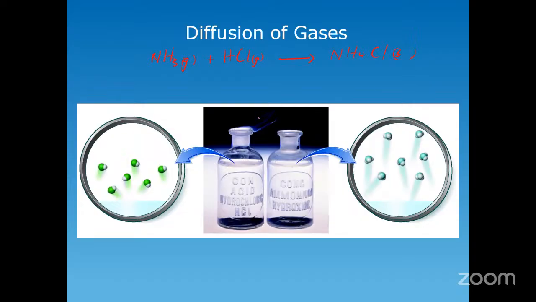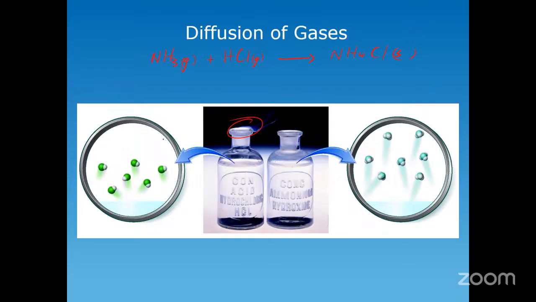But the ammonium chloride will be formed right here at the mouth of the hydrochloric acid. Based on what we have just discussed, can anybody explain why the ammonium chloride will be formed close to the mouth of the hydrochloric acid bottle and not near the mouth of the ammonium hydroxide bottle? Can anybody suggest a reason why that happens?